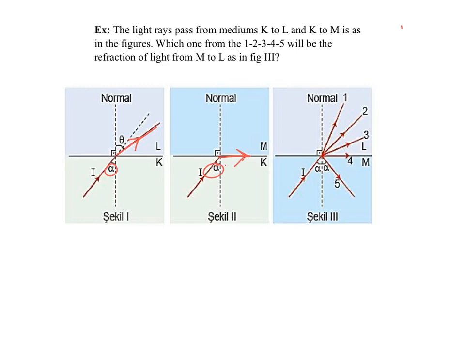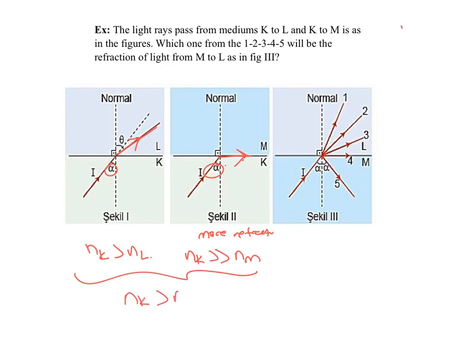That means that there is more refraction here, so K is bigger than M, but K is bigger than L. So nK is bigger than nL, and nM is the smallest. So the index of refraction of M is smaller than L.